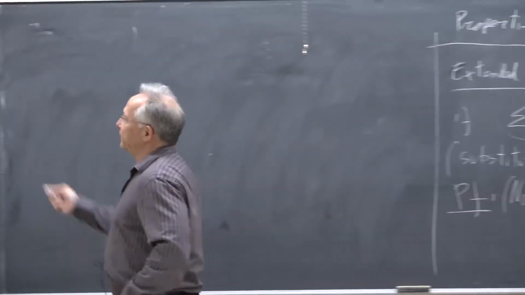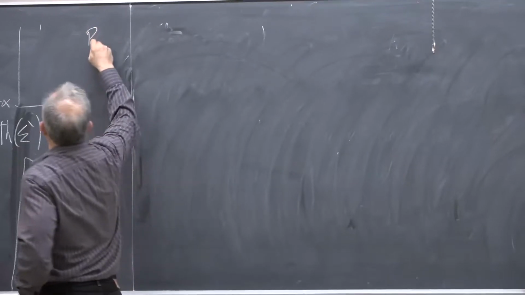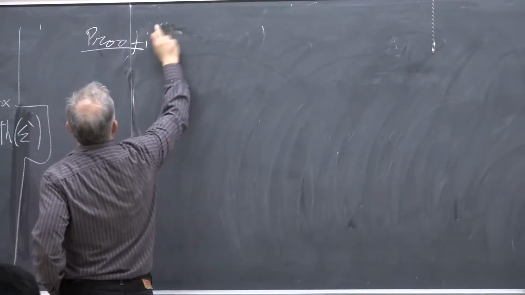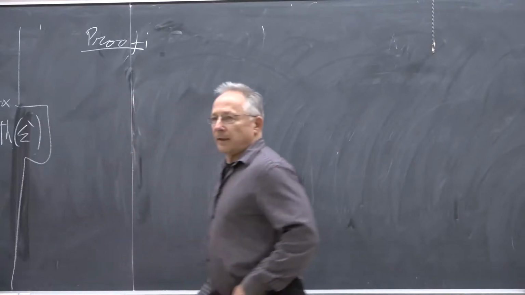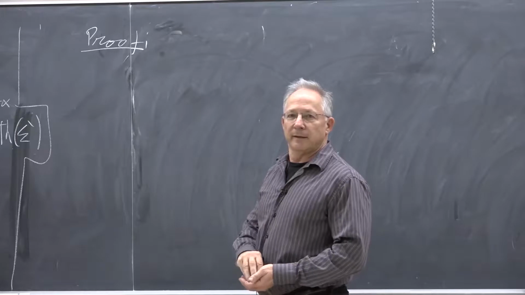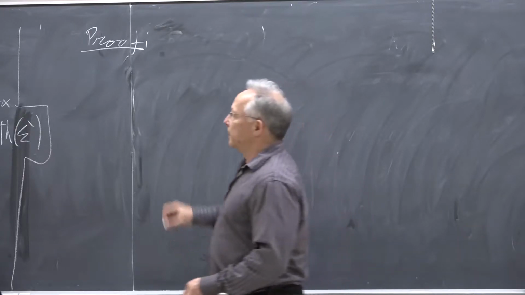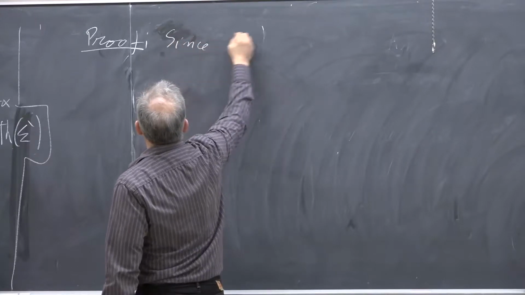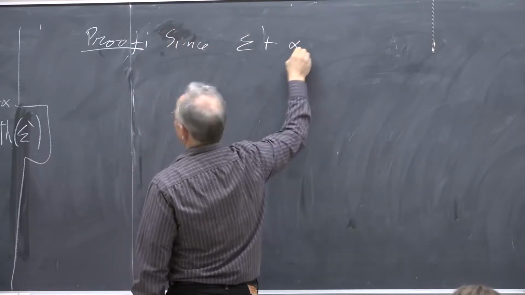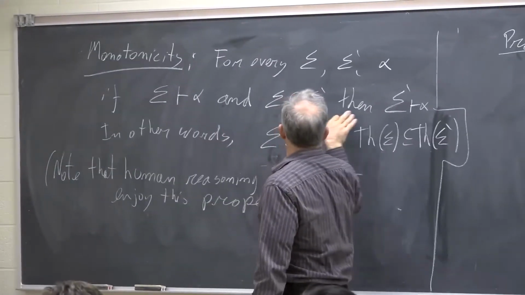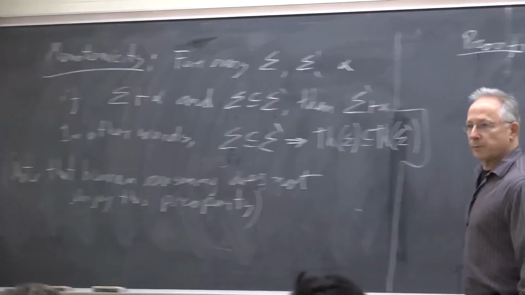Okay, so let us prove it. The property is very easy to prove. So the idea is that since sigma proves alpha, we want to show that if sigma proves alpha and sigma prime is bigger, then sigma prime can also prove alpha.